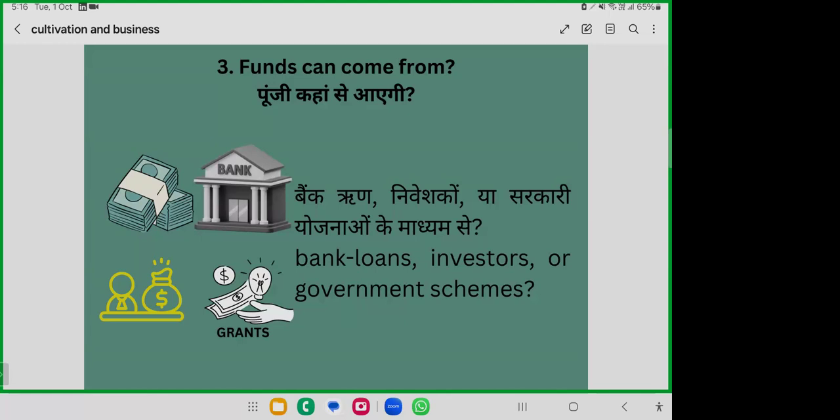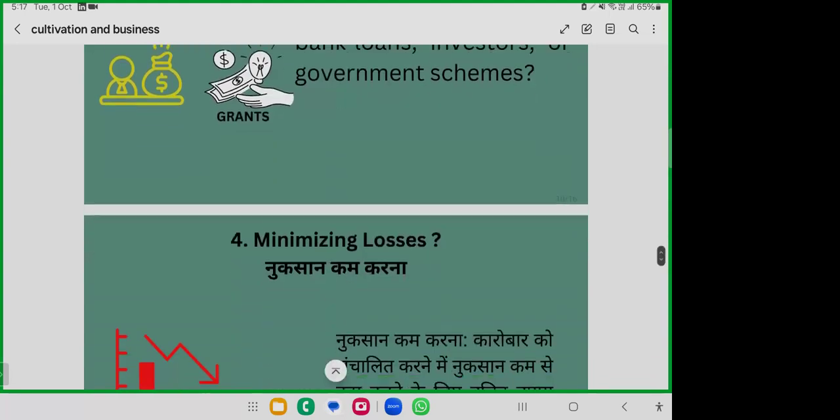Cooperatives also provide loans, and there are many schemes for rural people, or for women, or for ST/SC people, or for some entrepreneurs as well, where some organizations provide subsidy and funds as well. So they have to finalize where they will get funds.